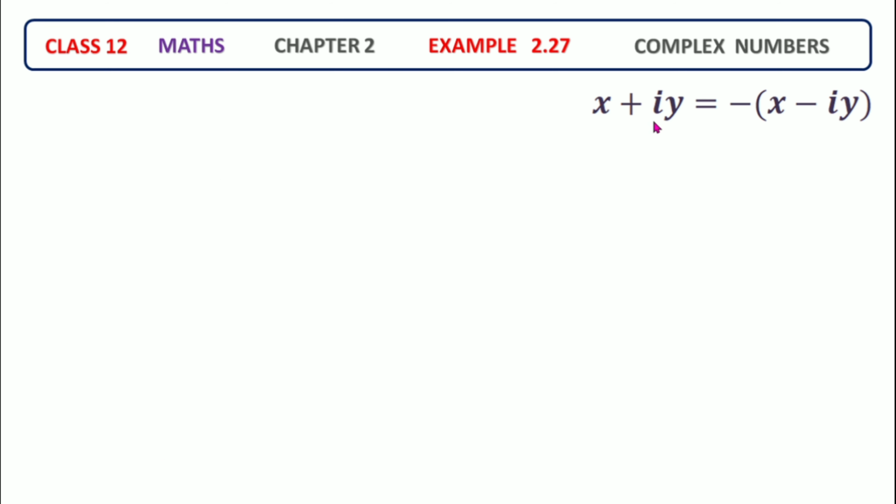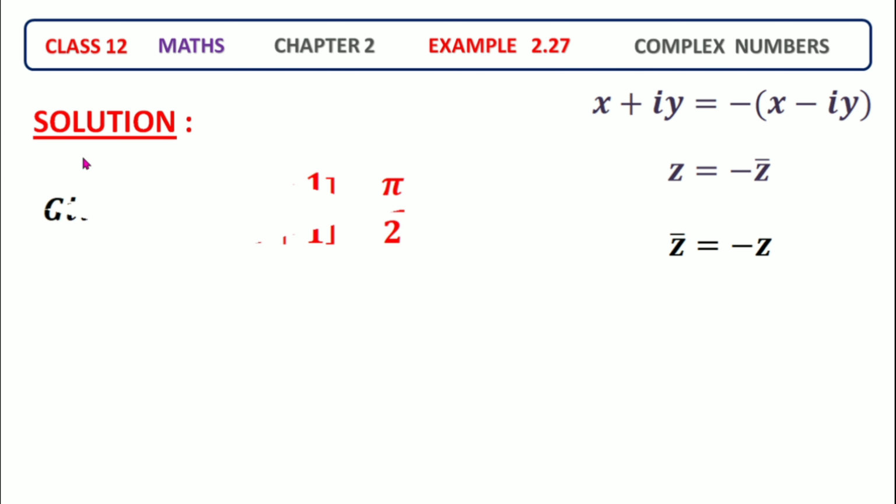So x plus iy is equal to minus of (x minus iy), this is z, this is z bar, so z equal to minus z bar, or z bar is equal to minus z. The conjugate of the complex number is the negative of the complex number.